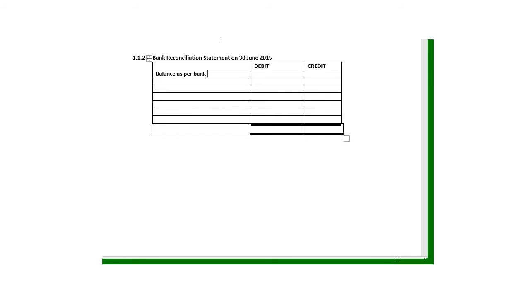That is now at the end of June. To that, we're going to credit any outstanding deposits. And then we're going to debit any checks not yet presented.